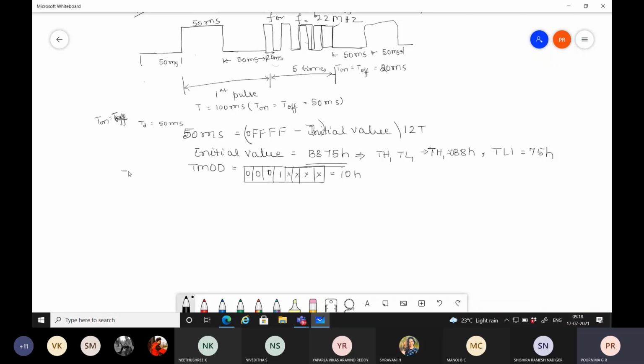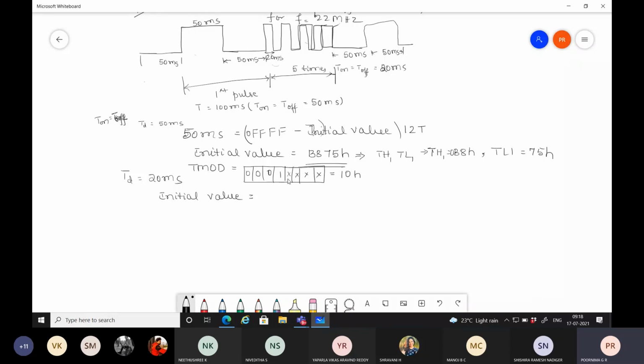Similarly, find out the initial value to be computed when TD is given as 20 milliseconds. Please make these computations from your end. I will just write what values are to be placed in the TH and TL registers.